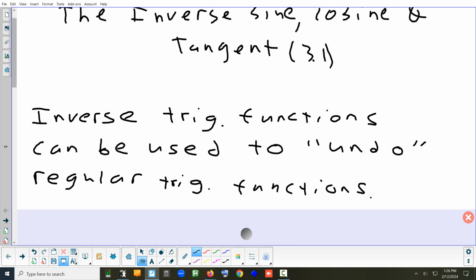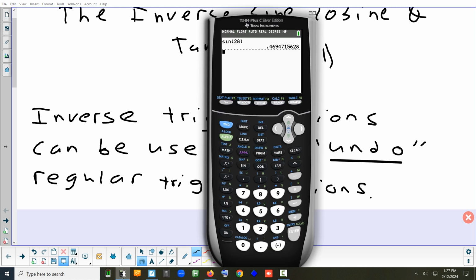Now I want to undo that. I want to take the answer that I have, 0.469, and change it back. So I'm going to take, not the sine, but what's called the inverse sine. Instead of typing in all those decimals, I'm just going to have it do the inverse sine of the last answer that was on the screen.